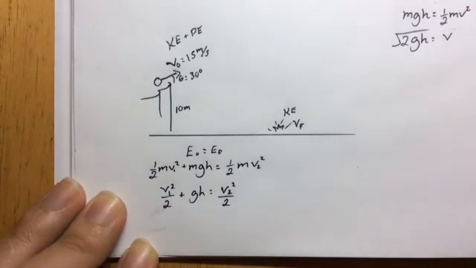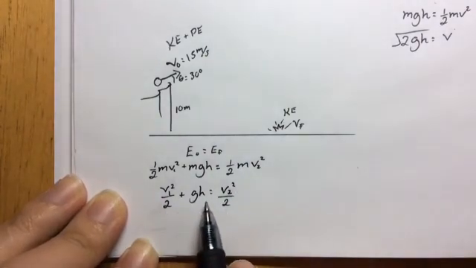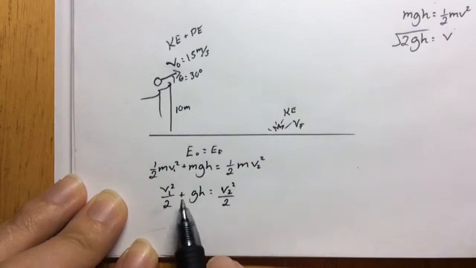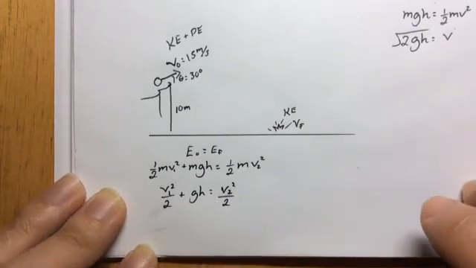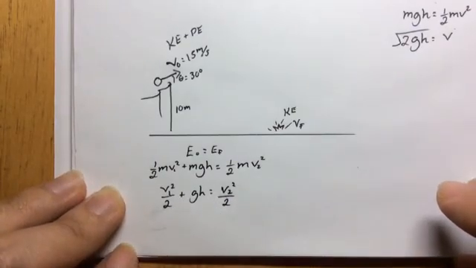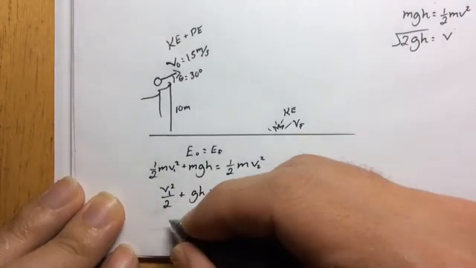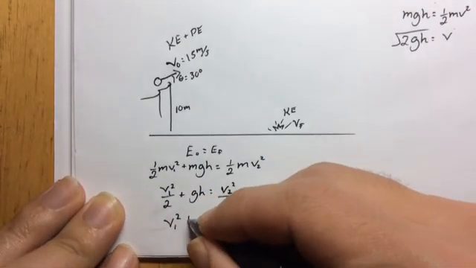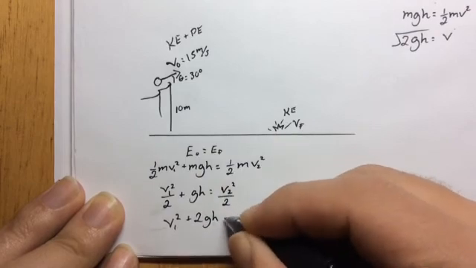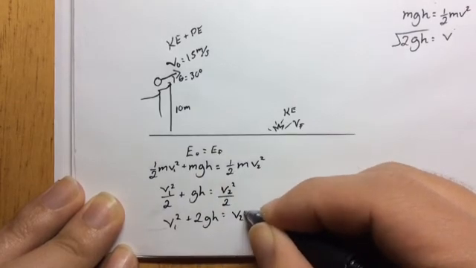And I'm going to multiply everything by 2 just to get rid of these 1/2s. Some of you might say, well, why are you doing that? Because I want to. All right, so v1 squared plus 2gh is equal to v2 squared.